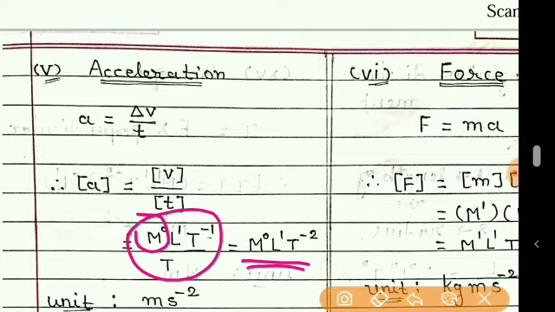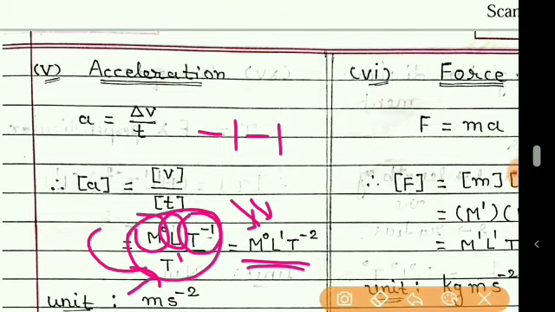M power is 0, so 0. Here L is 1, so L power is 1, and time here minus 1, but even for this denominator, if we bring that in numerator, so already one power is minus 1, and the second power for that denominator time is also minus 1, because when we bring from the denominator to numerator, the power will become negative.